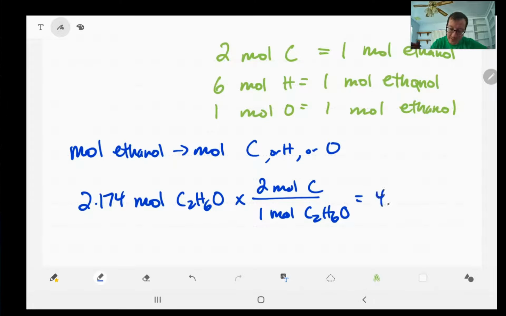And as a result, we get 4.348 moles carbon. Again, this might be slightly different because I rounded my molar mass, but it should be somewhat like that. So that's how you would set that up. And then the rest would be the same thing. You just have a different conversion factor. For oxygen, it is 2.174, and for hydrogen, it would be 6 times. So you'd have 12 point whatever at the end there.